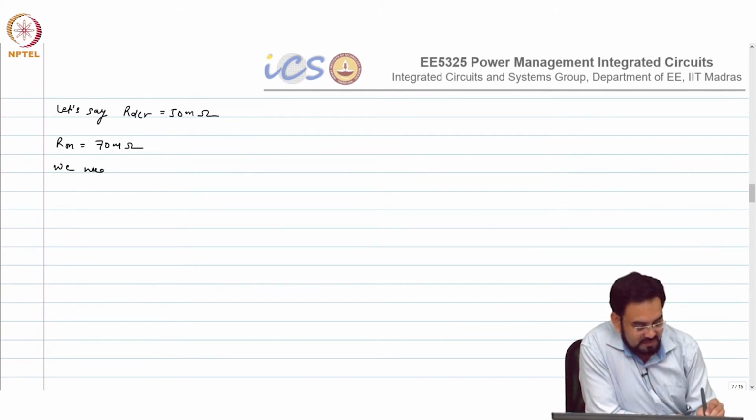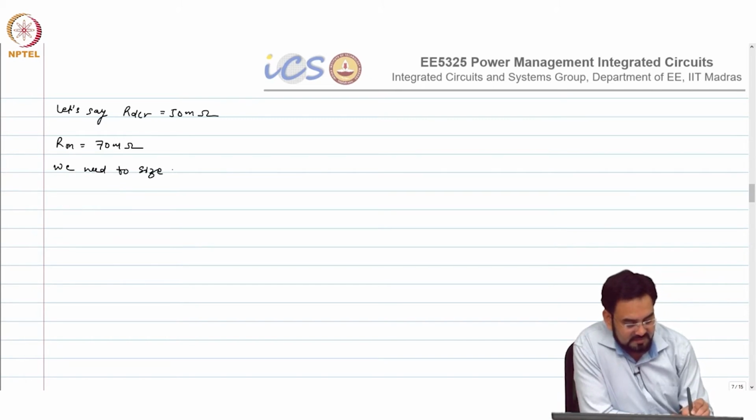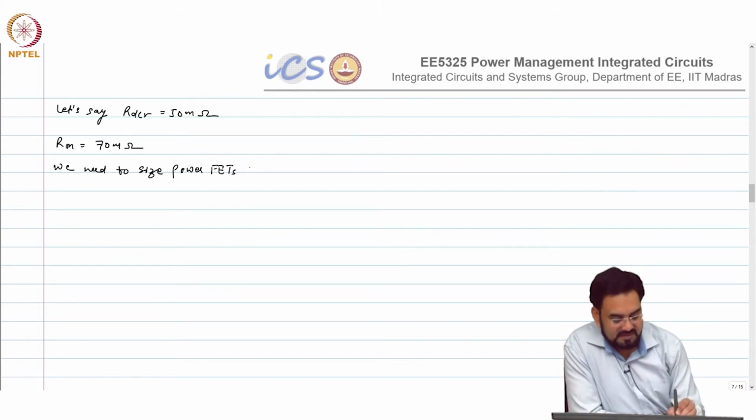So we need to size power FETs to have RDS on equal to 70 milliohm.